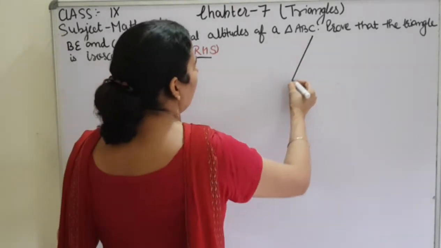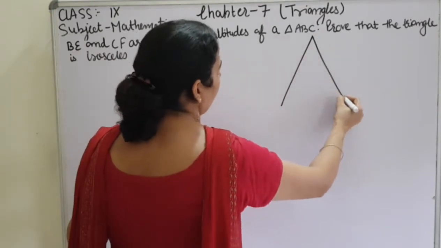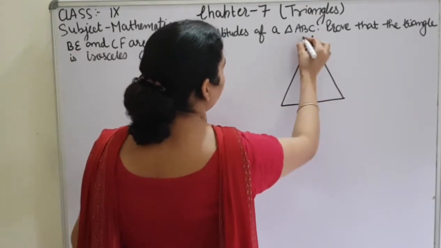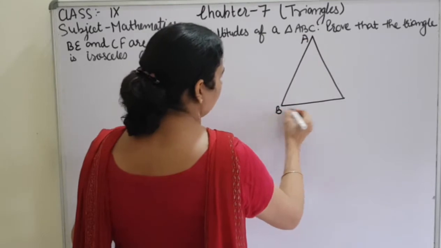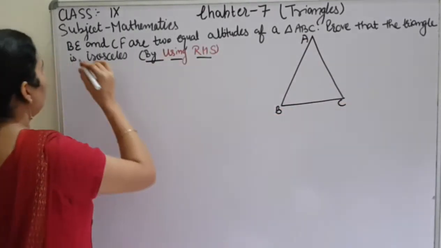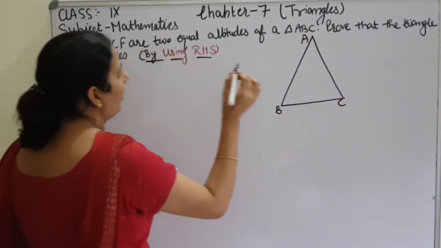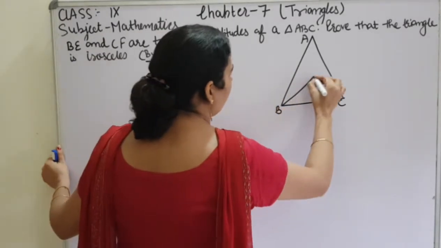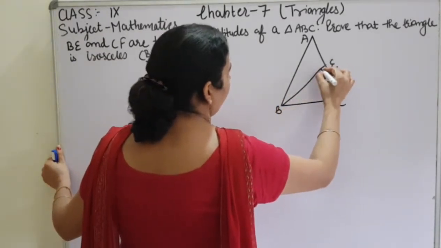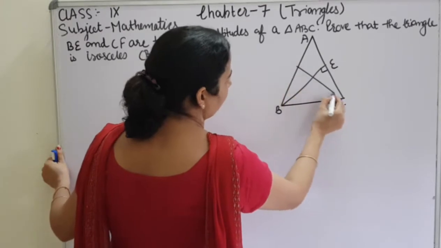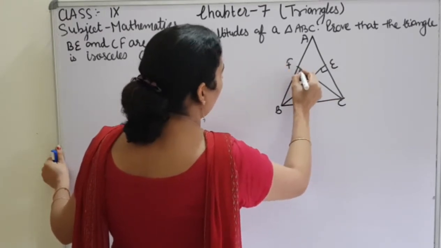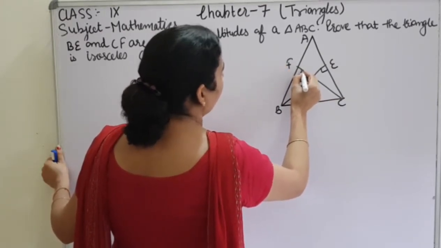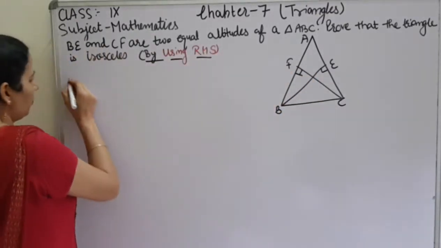They have given a triangle to us, and the name of the triangle is ABC. In this triangle, BE and CF are two equal altitudes. Altitudes means they are perpendicular on the sides. Similarly, BCF is also perpendicular. But what they have written is that these altitudes are equal.